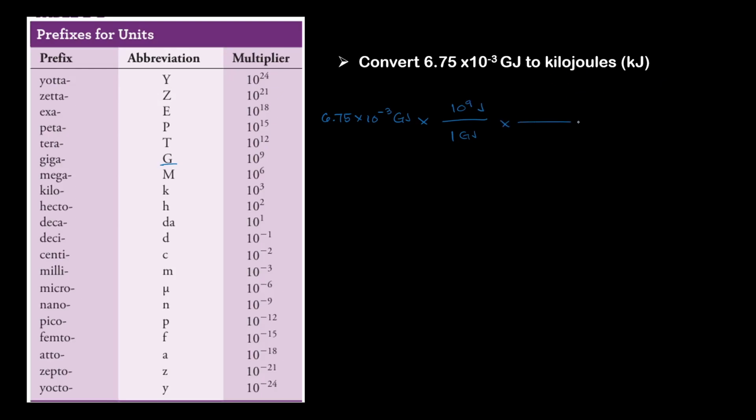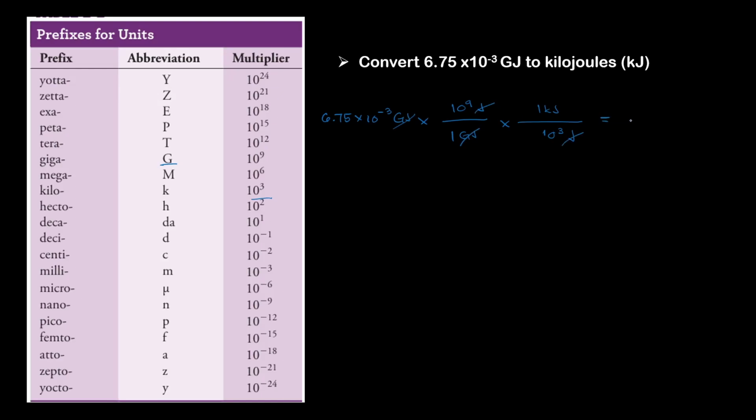So how many joules does 1 kilojoule have? Let's find kilo. It's 10 to the power of 3 joules. Now we can eliminate gigajoules and joules, and we are left with kilojoules.